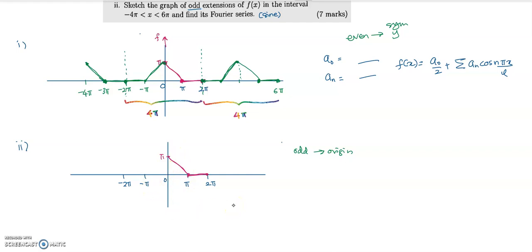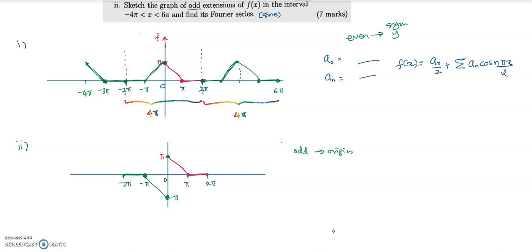So this point pi is supposed to be here at negative pi, the reflection of this one. And this line here, passing through the origin, is supposed to be here. So we have this one, that is our odd function.